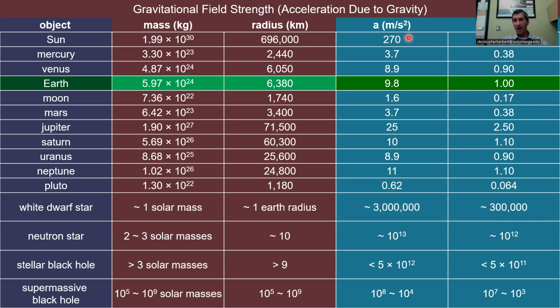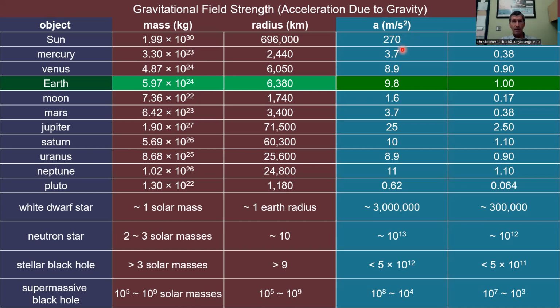Even if you could survive the intense heat, the intense radiation, you would be rendered unconscious instantly from the gravitational effects, because at 27 Gs, that would be more than you could circulate blood to your brain to stay conscious. You'd black out.